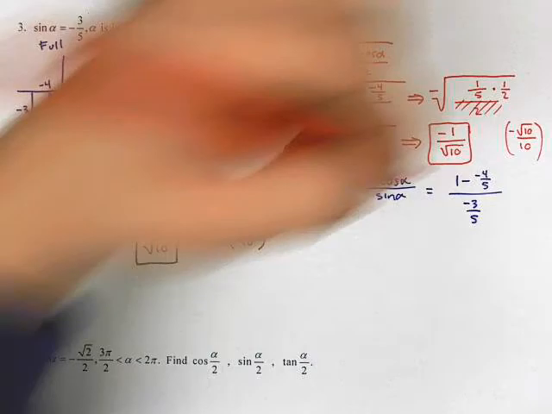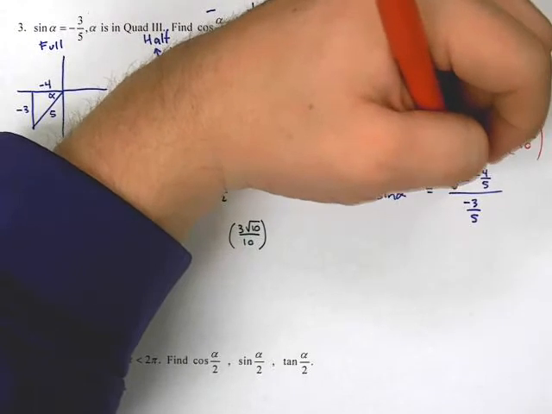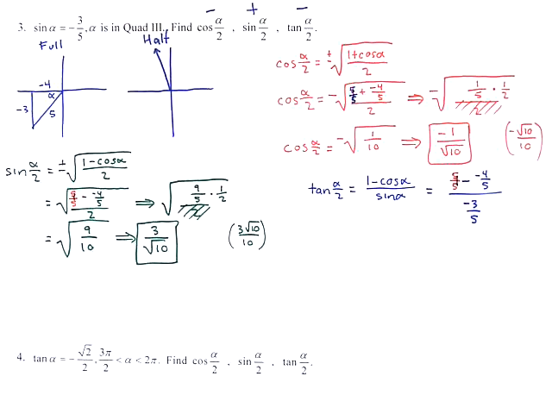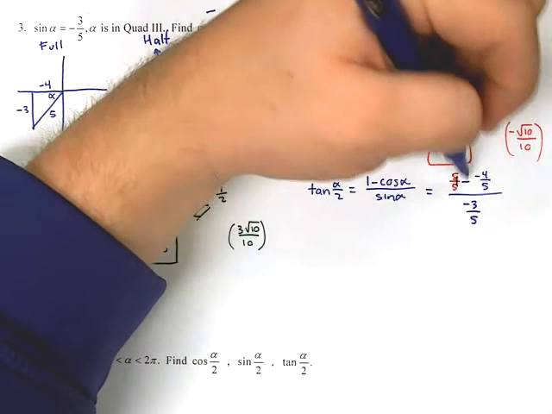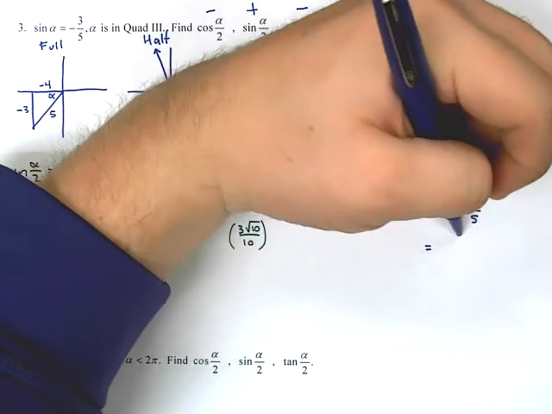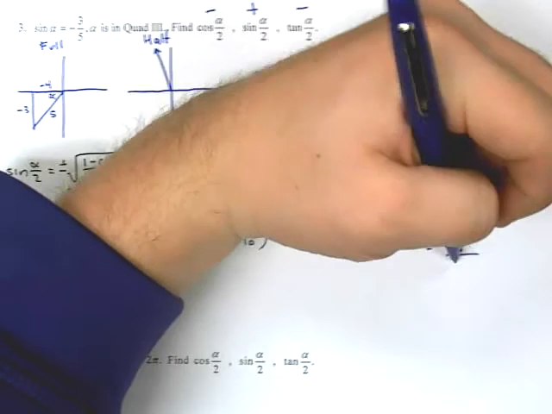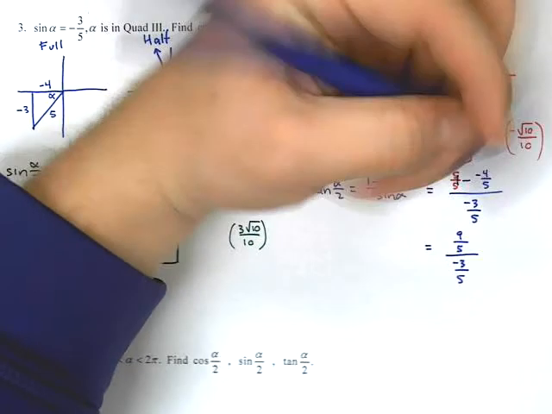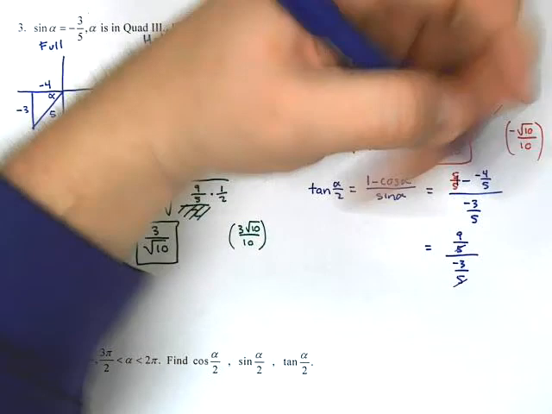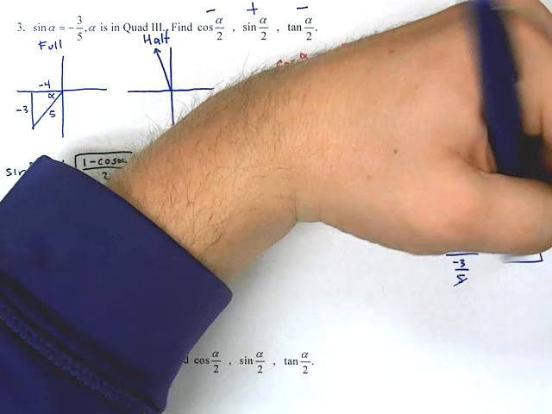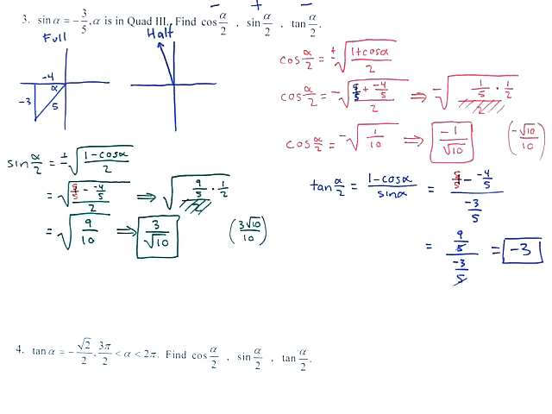Oh, this is going to be even easier, I think. We're already going to have common denominators. So 5 minus negative 4, I'm going to have 9/5 over negative 3/5. The 5's cancel. 9 over negative 3 is negative 3. So that's good.